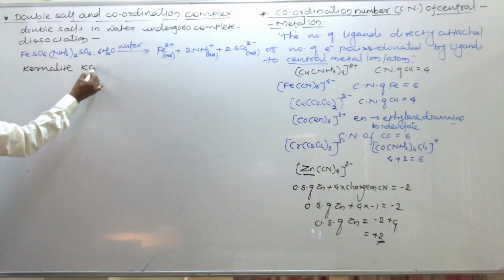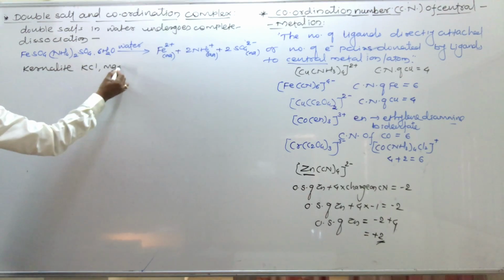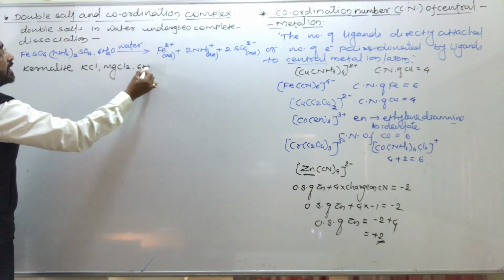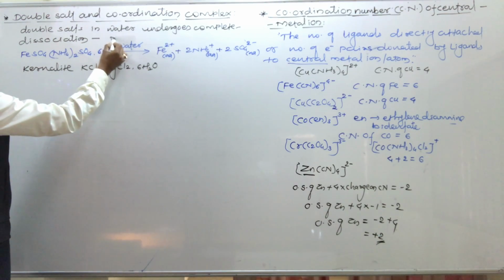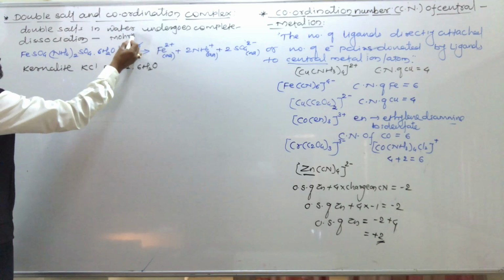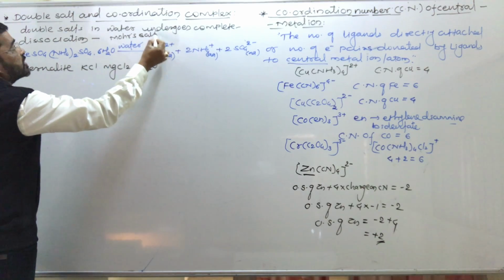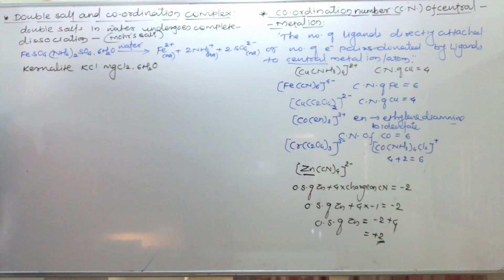Carnallite has the formula KCl·MgCl2 containing 6 moles of water. Ferrous ammonium sulfate is also called Mohr's salt.